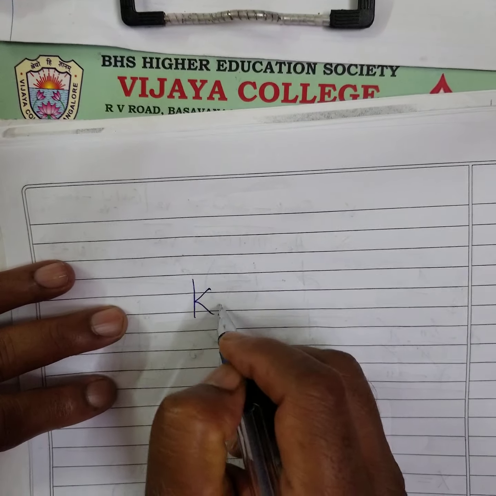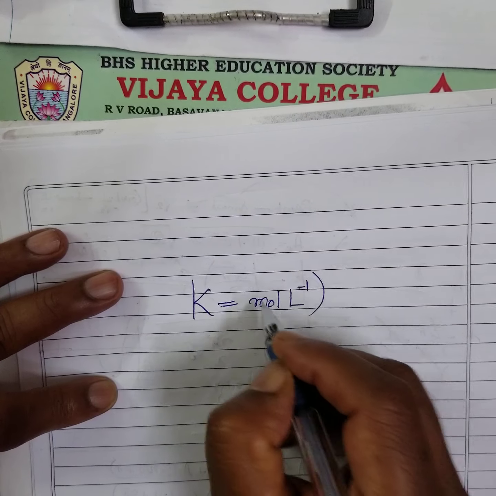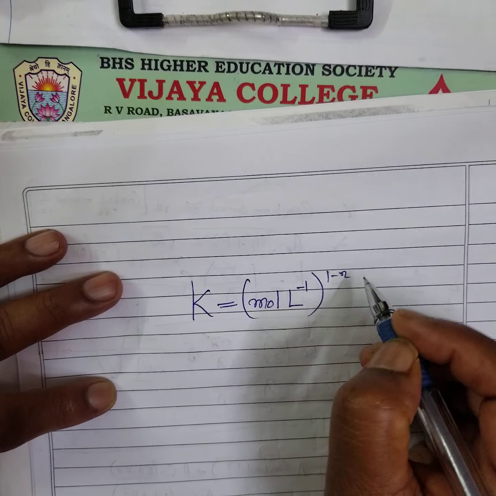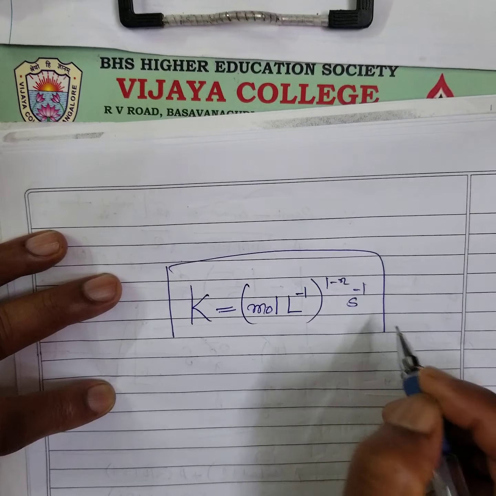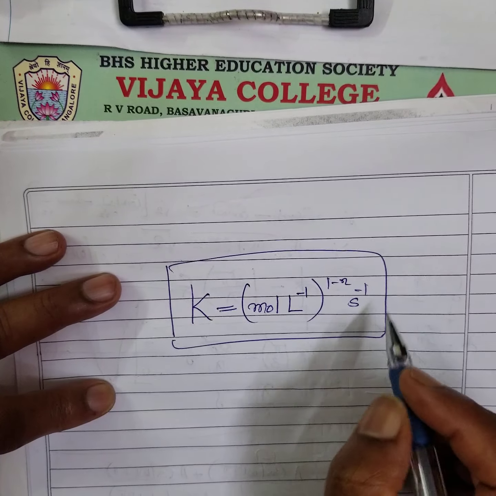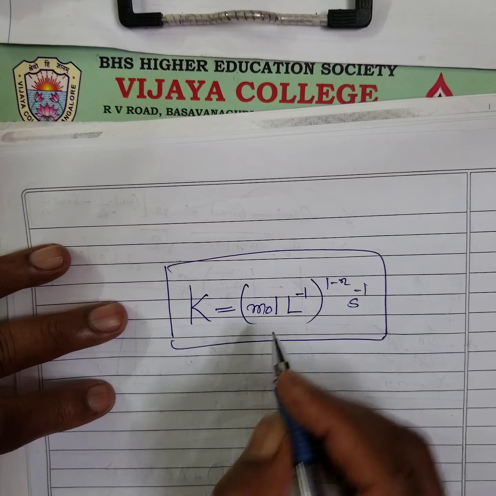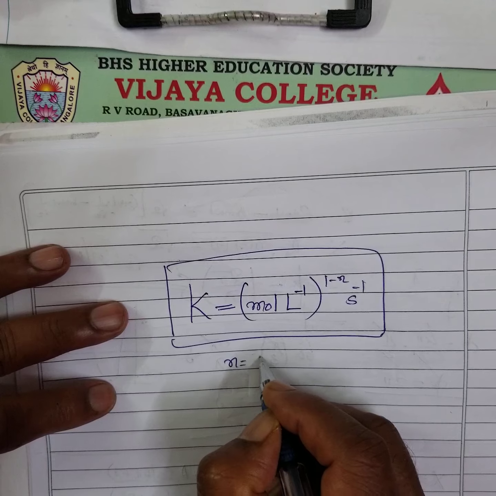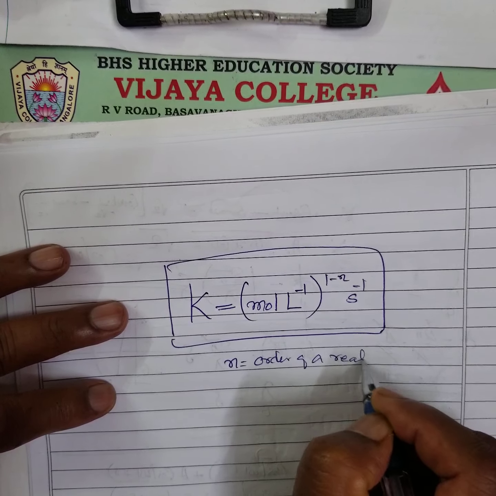There is a standard formula for the unit of rate constant: (mole per liter) to the power 1 minus n, per second. Remember this. What is the unit of rate constant? Here n is the order of the reaction.